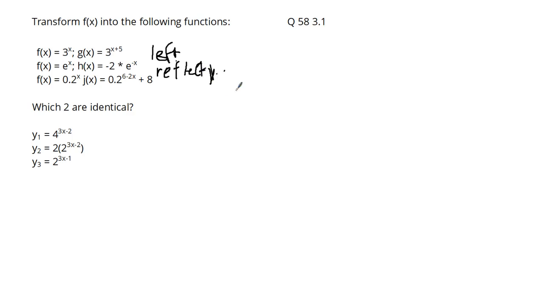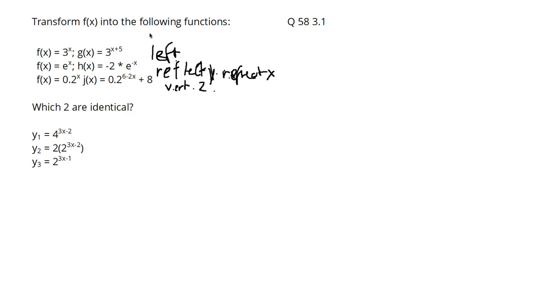Reflect across the y, and then after you reflect across the y, there's a 2, and then there's a minus. The minus means reflect x. So you reflect y and you reflect x, and then after that you do a vertical stretch by 2.